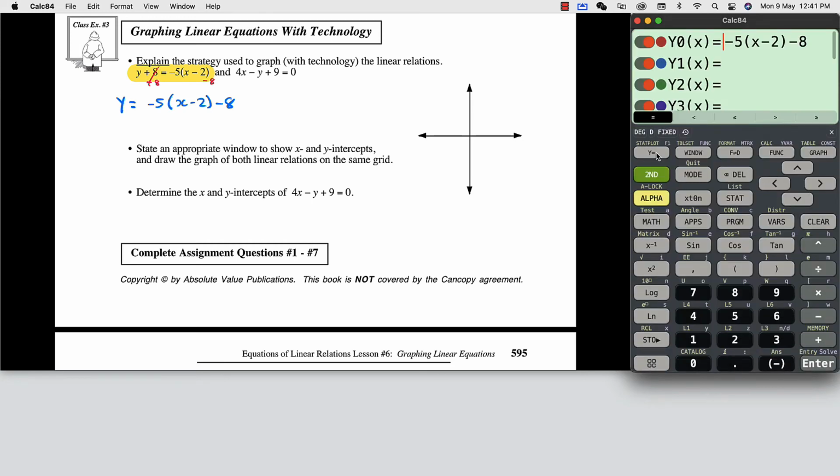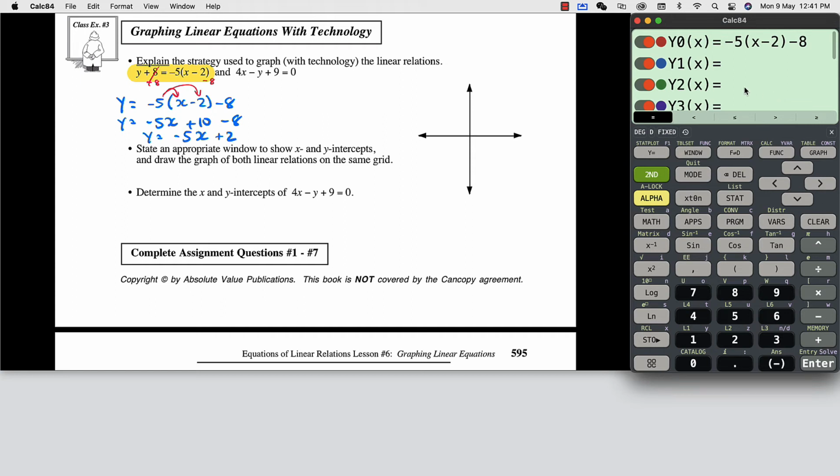Okay, if I go back into here, I'm just going to work that equation a little bit more. So I get y equals, well, -5 times x is -5x, and -5 times -2 is a positive plus 10 and minus 8. So I now can take this to simplified form, y equals -5x plus 2.